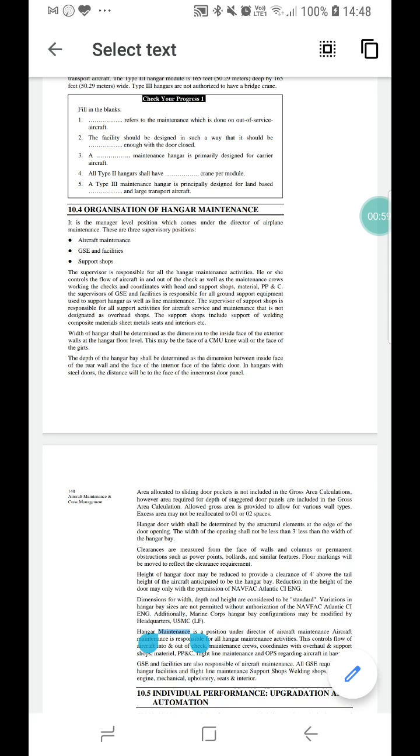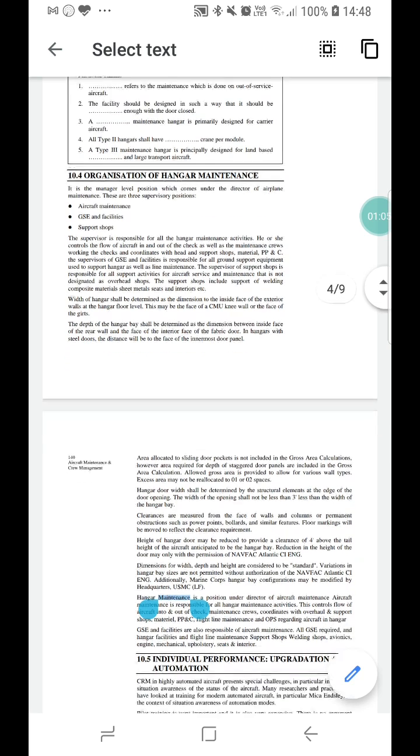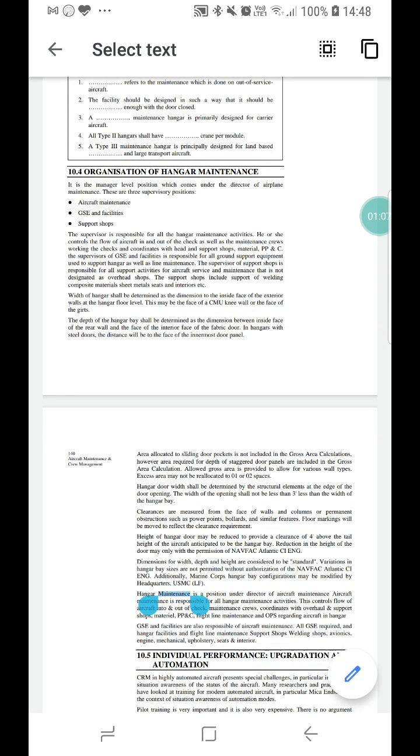The support shops include, in case we have to do some welding work, composite material, metal sheet, and the interior, etc. Now, as we have spoken about the dimension and the size of the hangar, the depth of the hangar bay should be determined as the dimension between the inside face of the rear wall and the interior face of the fabric door.